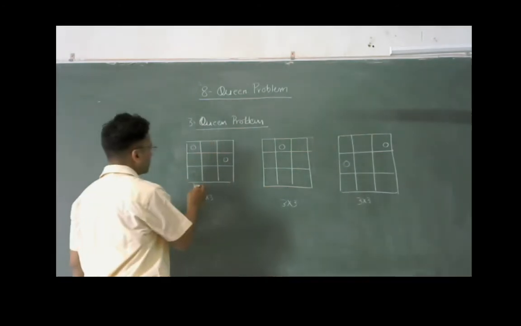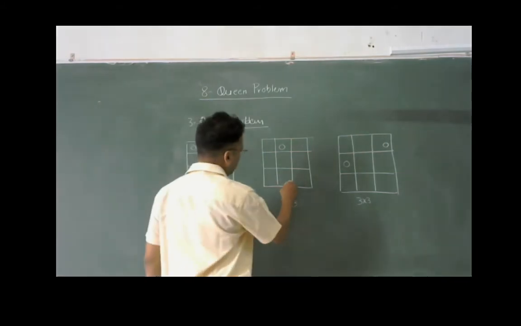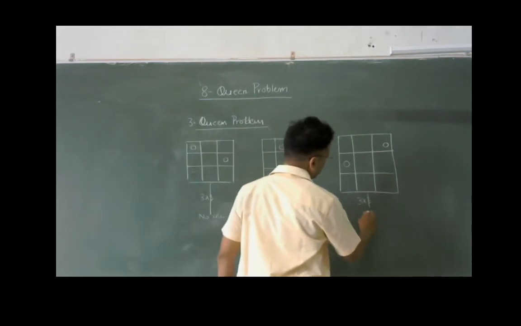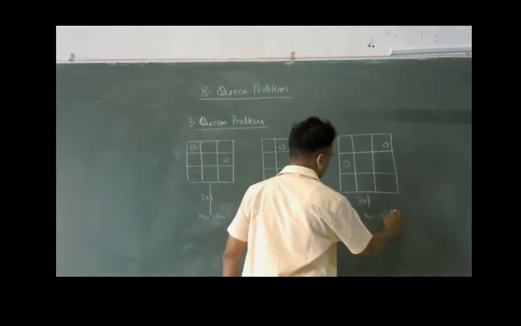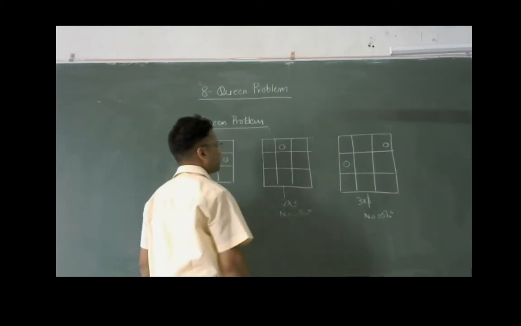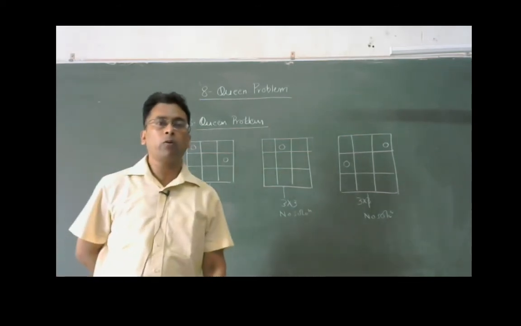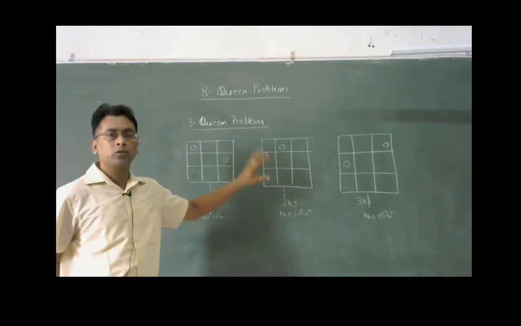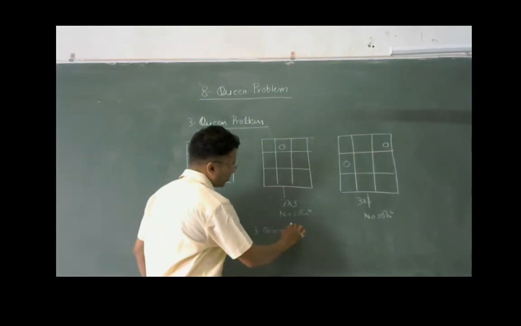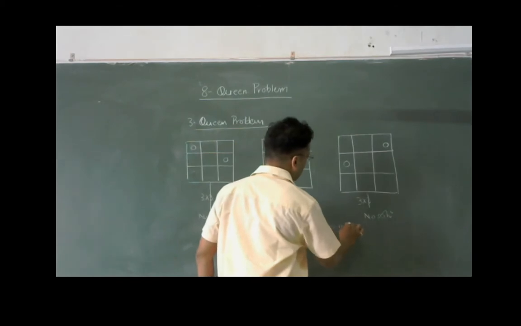So in all these cases, no solution, and this has already terminated, and this case has no solution, right? So the 3 queen problem cannot be solved also. So the 3 queen problem has no solution.